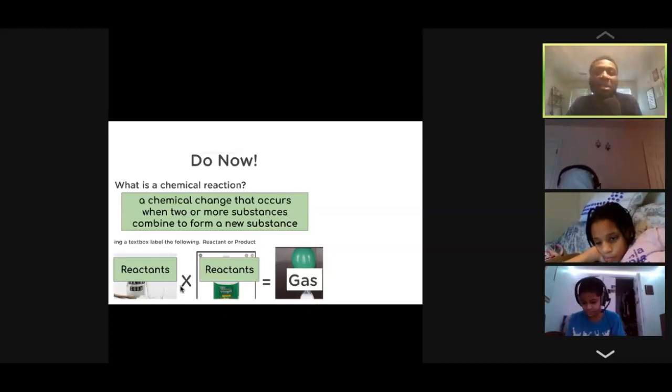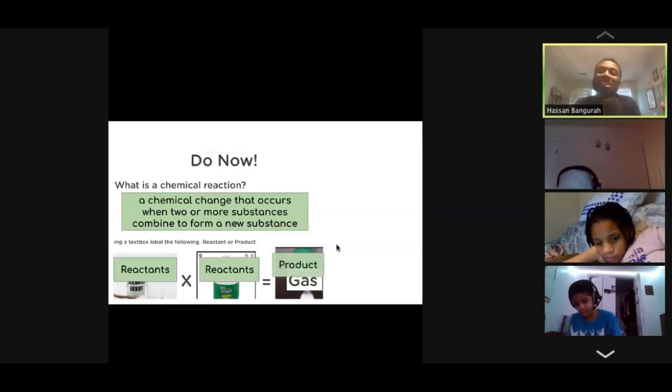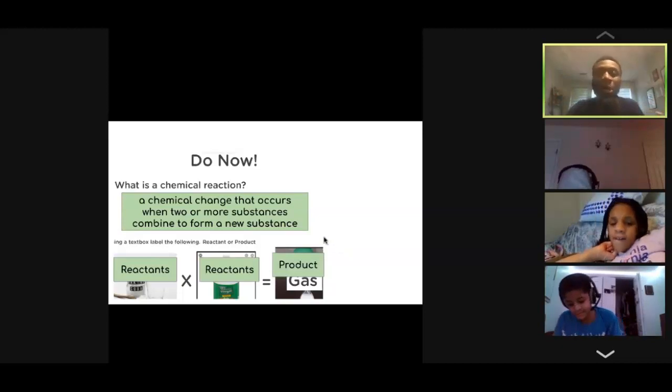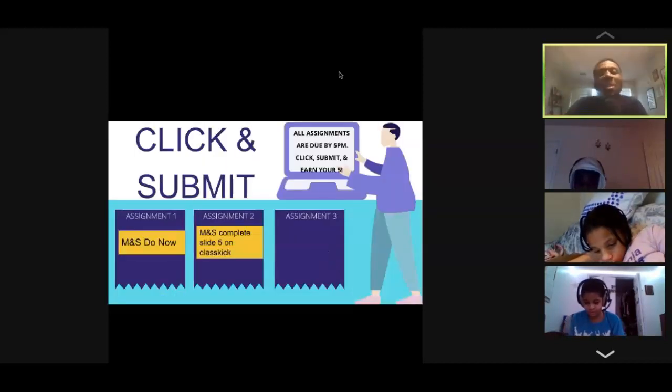Would it be the baking soda, the vinegar, or the gas? Probably the gas. Yes, you're correct, because the gas is the final product, or the answer. The new substance from the chemical reaction will be the product. Nice job.